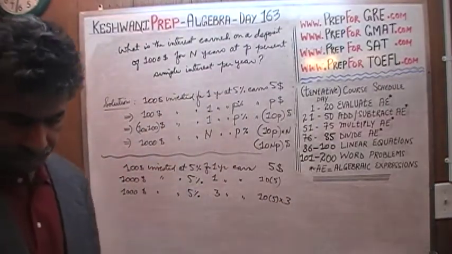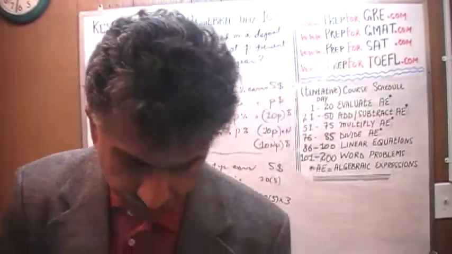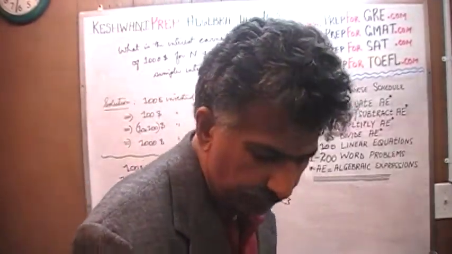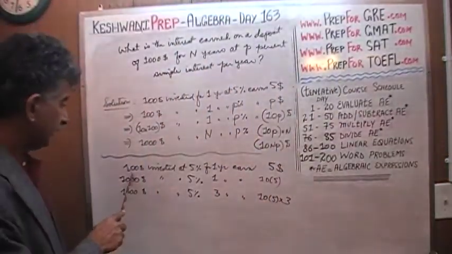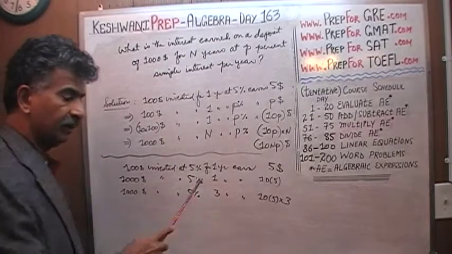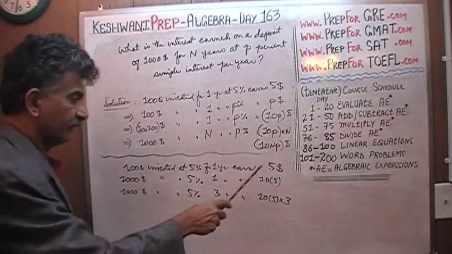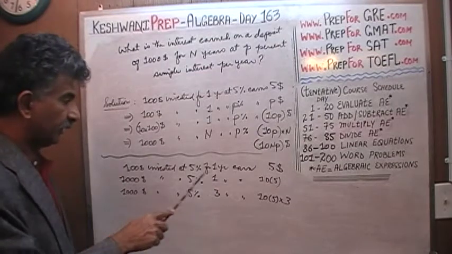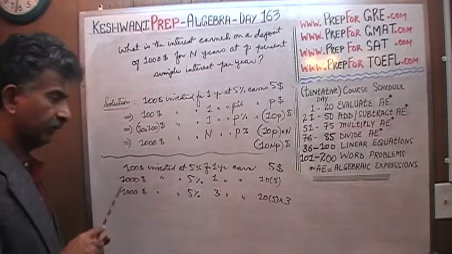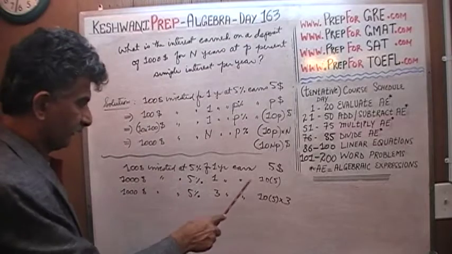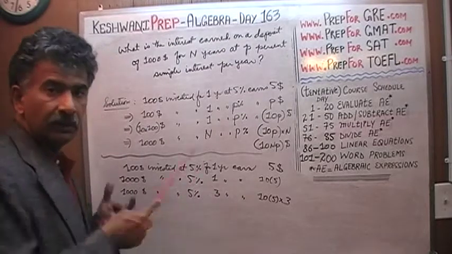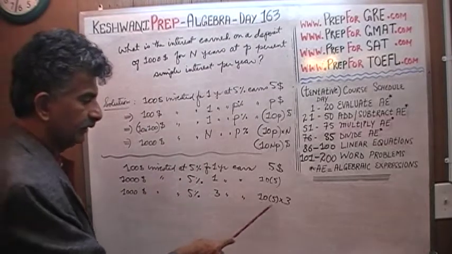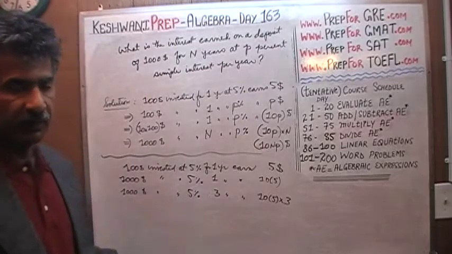In other words, what we are saying is that $100 at 5% earns $5 at the end of the year. Then $1,000 should earn $50 because it's 10 times the amount of money. So if the $1,000 earned $50 in 1 year, in 3 years' time, it should earn 3 times the amount of money because it earns $50 every year.